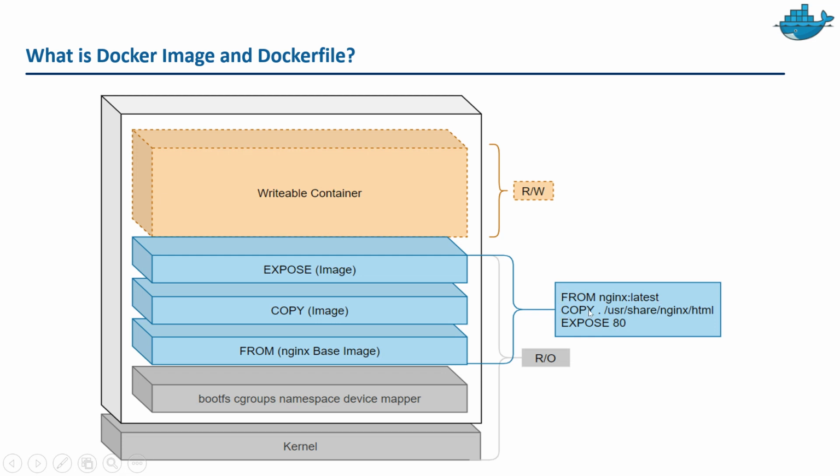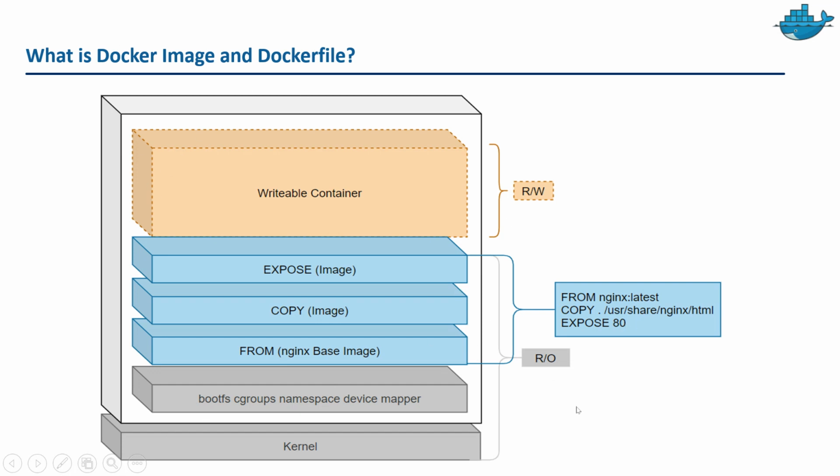Then we COPY the current directory, whatever files are there, to the /usr/share/nginx/html folder, and then EXPOSE port number 80. So the Dockerfile has only three lines of code. What happens when we compare it with a Docker image?